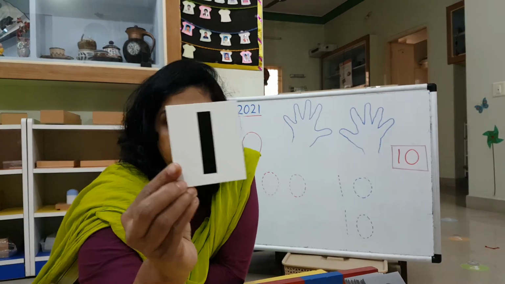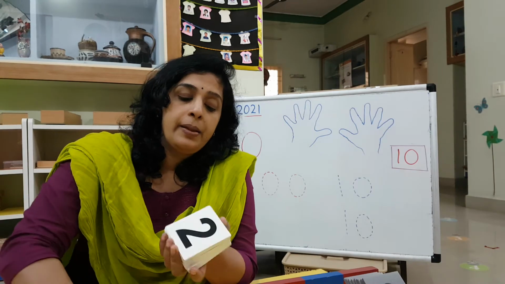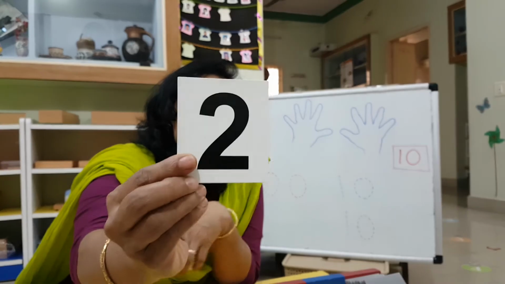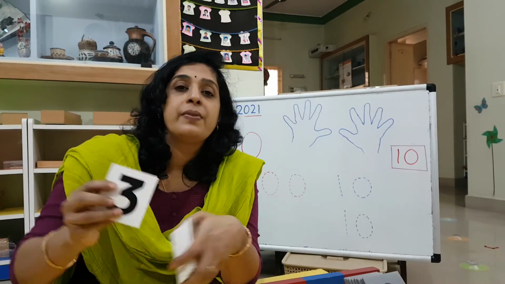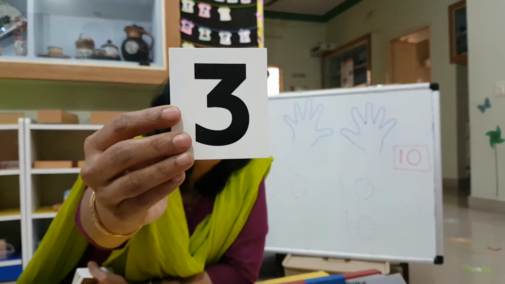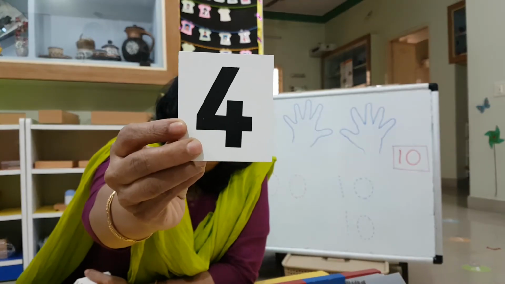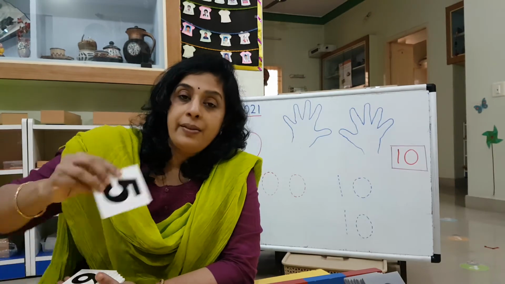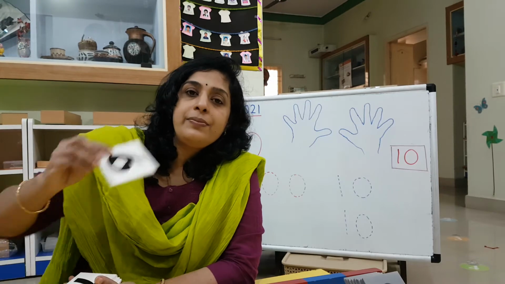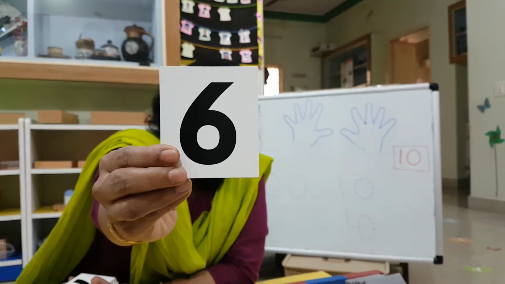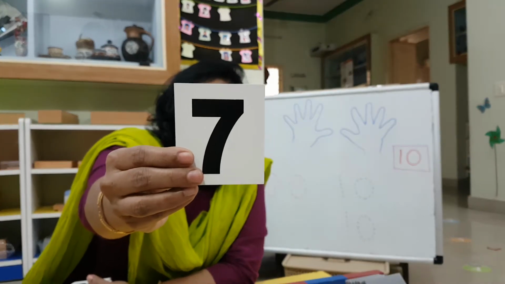What is this? Good. 1. What is this? Good. 2. 3. Super. 4. 5. 6. 7.